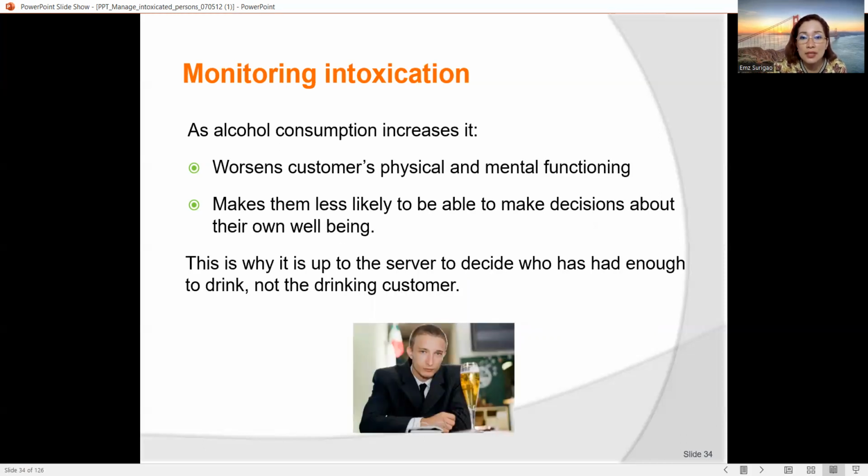As alcohol consumption increases, it worsens customers' physical and mental functioning, making them less able to make decisions for their own well-being. This is why it is up to the server to decide who has had enough to drink, and not the drinking customer. So you need to consider first, before serving, whether that guest can handle another serving of alcohol.